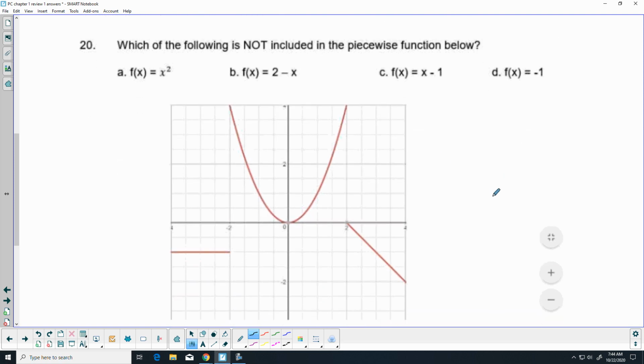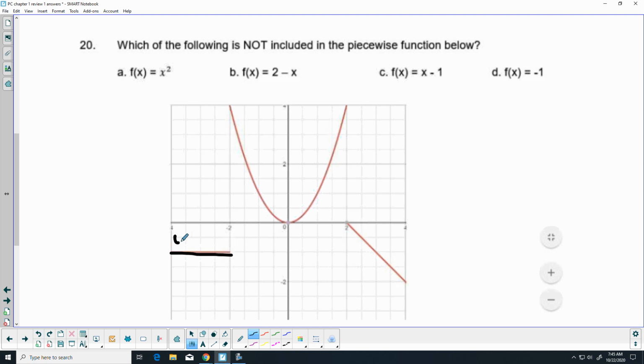All right. This one looks like it should be hard, and it's not. So which of the following is not included in the piecewise function? Now, piecewise function just contains pieces of a function. So I look right here. We've got a horizontal line, and that is x. I'm sorry, did I just put x?